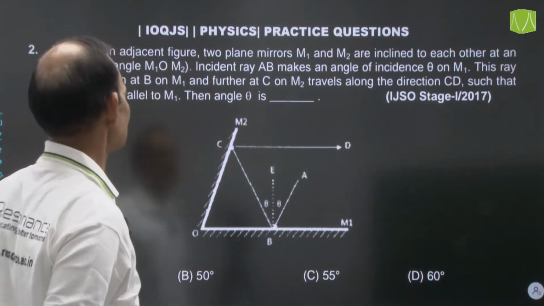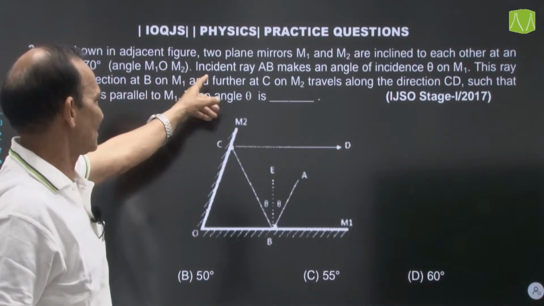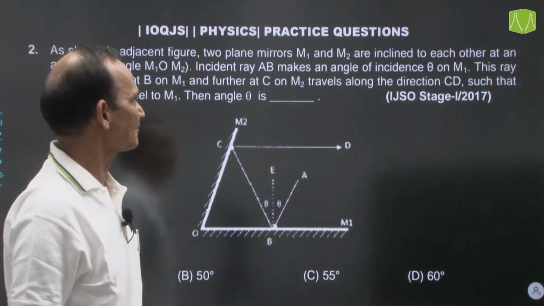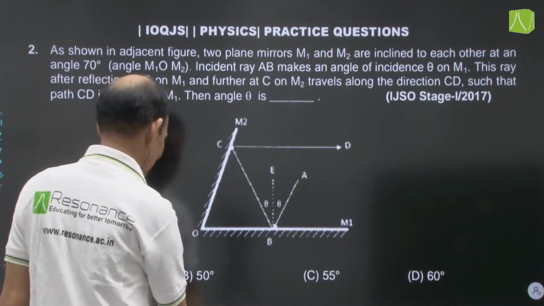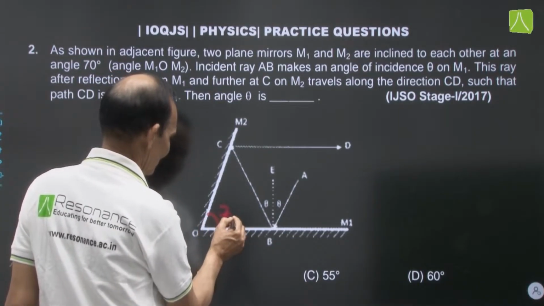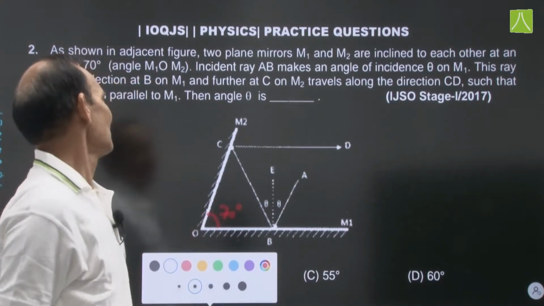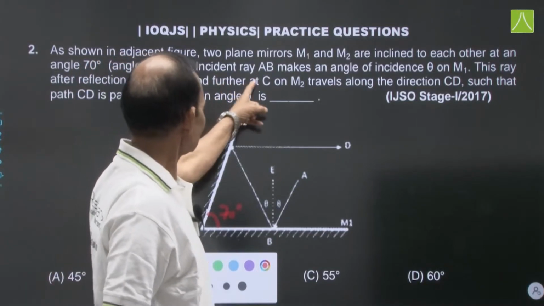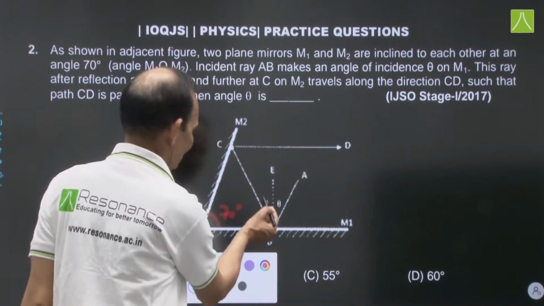Now the second question. This one also depends on plane mirrors. The question is, as shown in the adjacent figure, two plane mirrors M1 and M2 are inclined to each other at an angle of 70 degrees. Now, ray AB is incident at an angle of theta on M1.